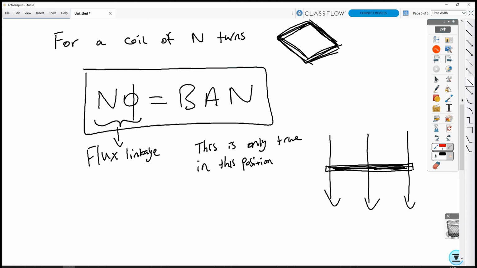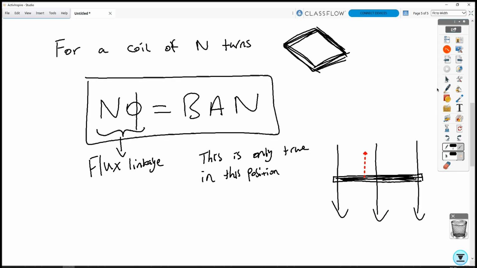Do the coils have to be stacked? Well, yeah. But if they're spread out, wouldn't each coil have the same flux applied to it? If the coils were spread out, then each coil progressively gets a larger and larger area. And so each successive coil ends up having a larger flux going through it.